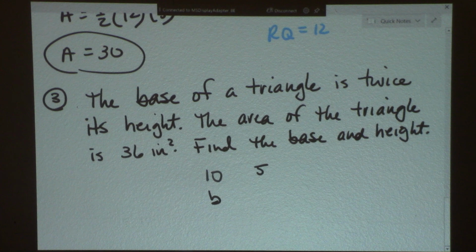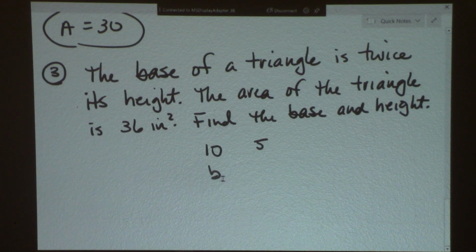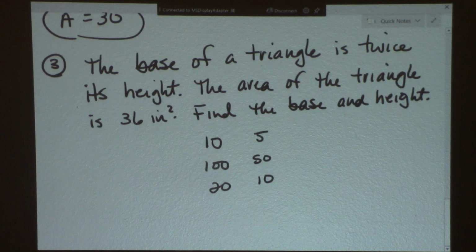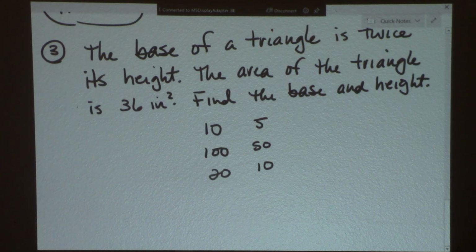Or, if the base was 100, then the height would be 50. If the base was 20, the height would be 10. So that always helps me to figure out what the equation would be, because the base is twice the height.